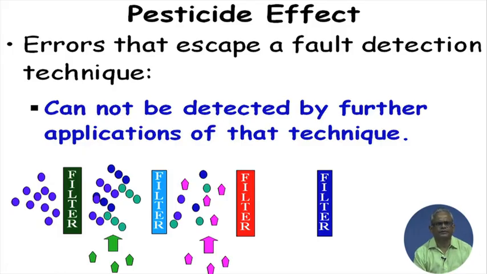So, if we keep on applying the equivalence partitioning test, the bugs that have survived will never get eliminated. We have to apply new tests, maybe decision table testing, maybe white box testing, path testing, maybe MCDC testing. So, there are dozens of testing techniques and each of them is a bug filter.